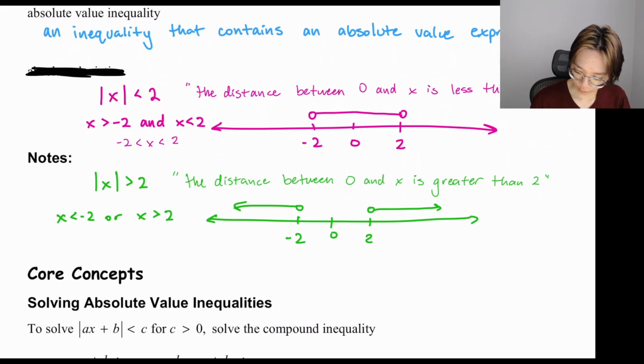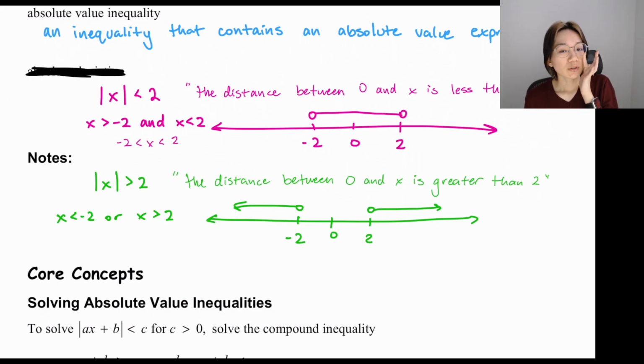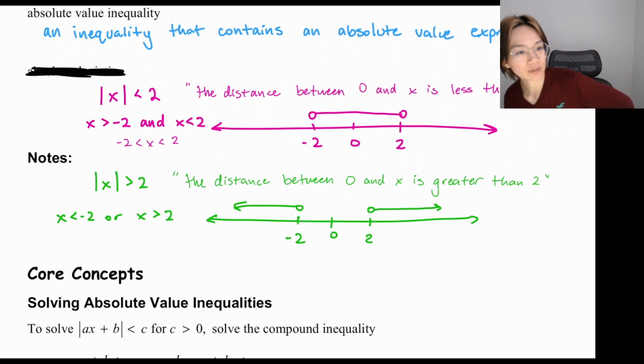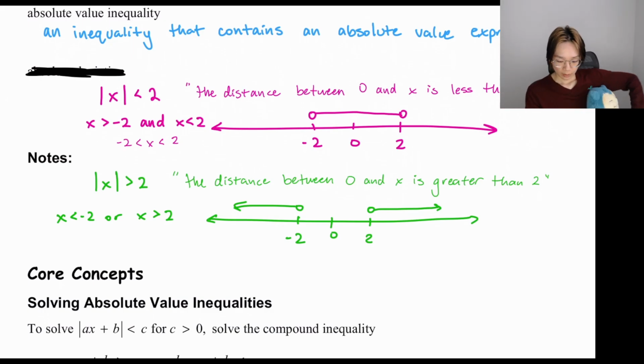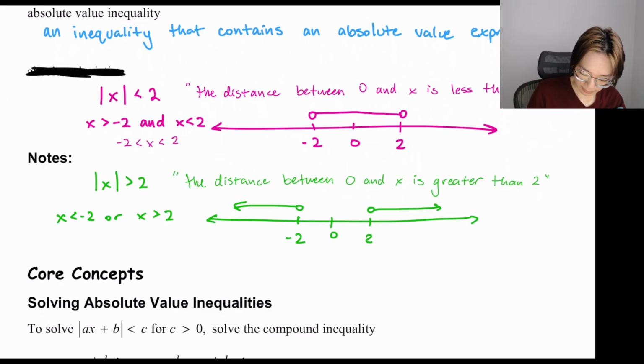Here is one of the smaller minor details about doing absolute value inequalities. You might notice we have the absolute value of x is less than the other side. That means it will be an and.